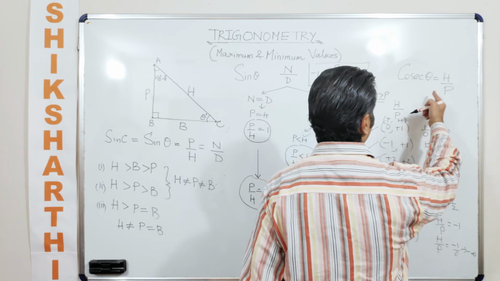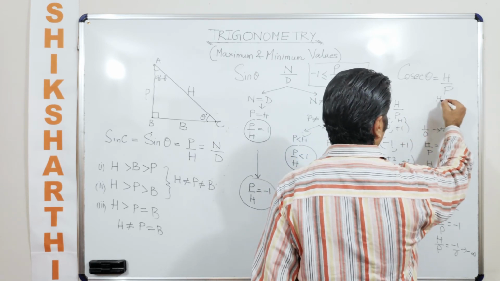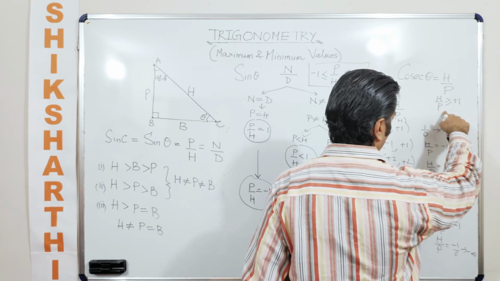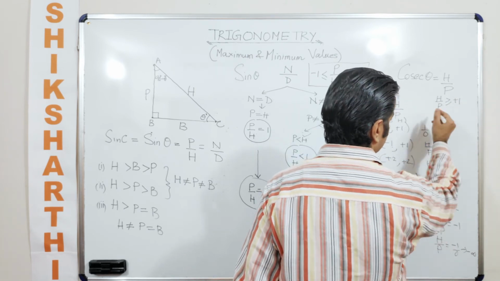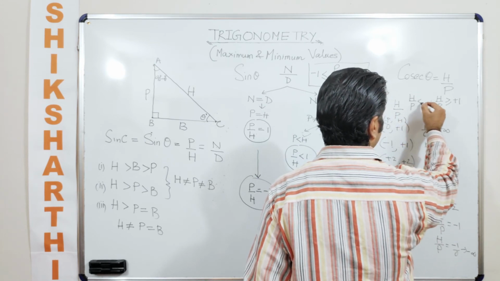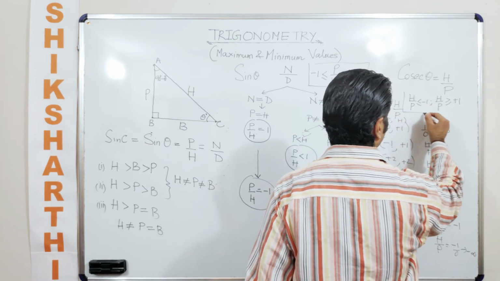From here you will be able to say that for cosec theta, H by P takes a minimum value of plus 1, or greater than plus 1, on the positive side. And for the negative side, the maximum value is minus 1.